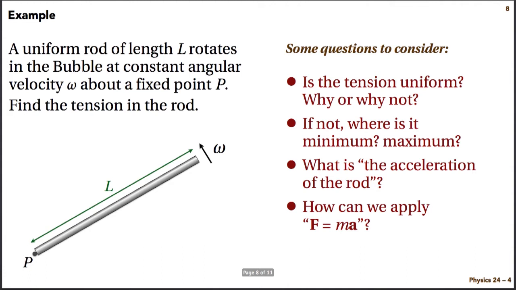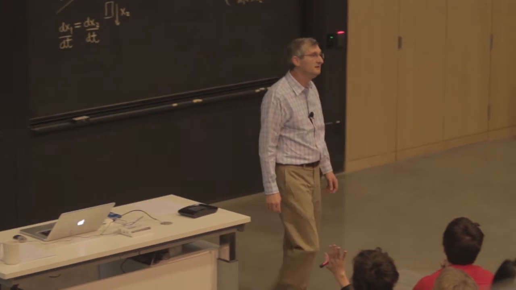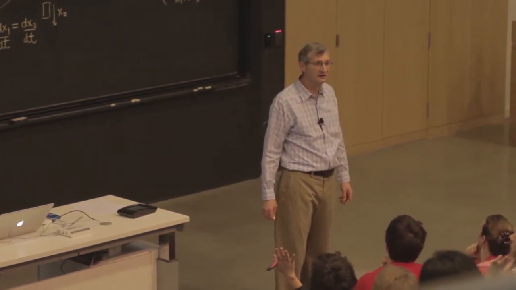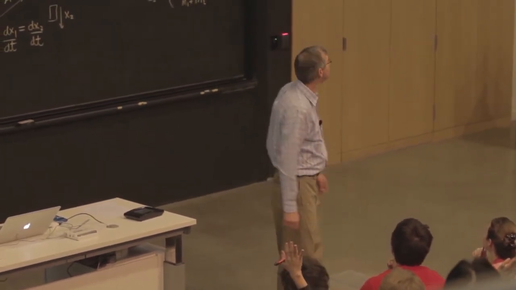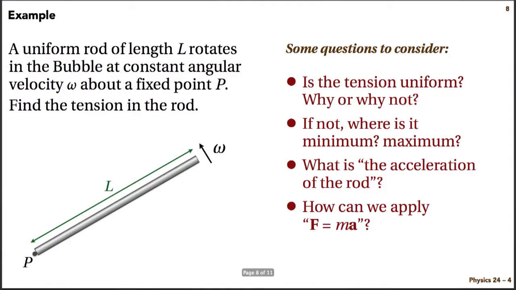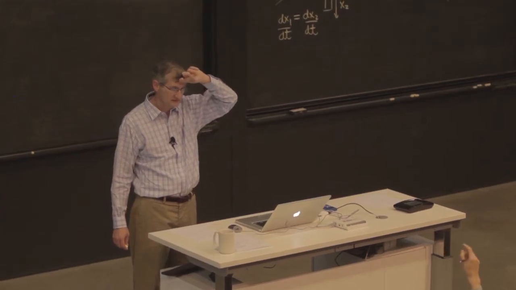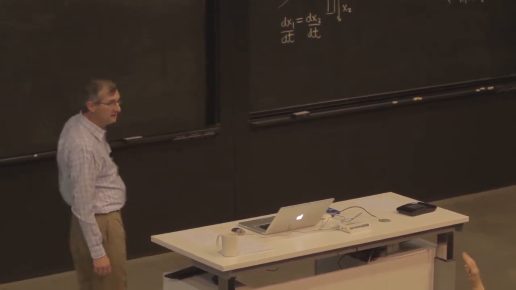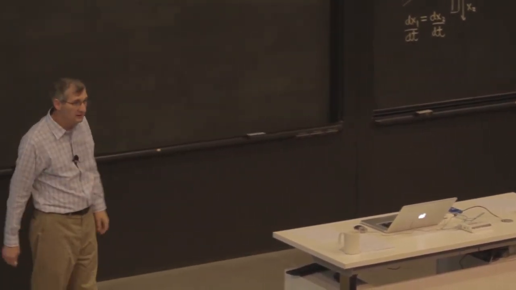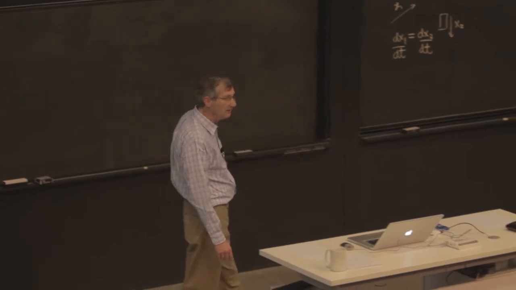Why is there any tension in the rod? Well, why does there need to be any tension force in the rod? Yeah? Because if it's rotating, then it experiences centrifugal force, but assuming that the rod doesn't stretch or compress, there has to be an opposing force.